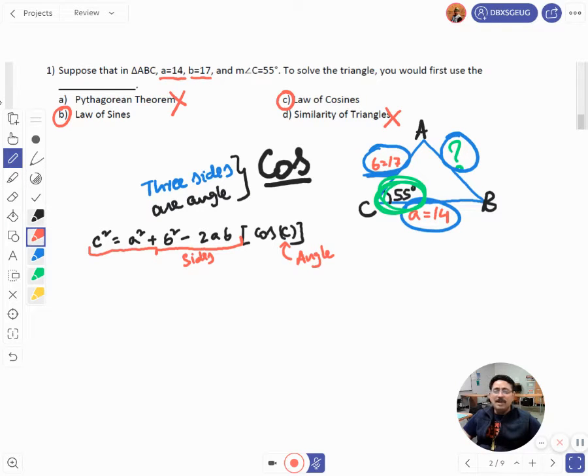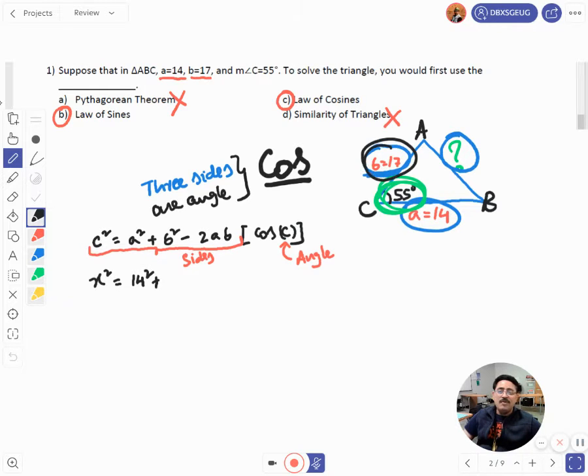So if you want, you can plug in these values. Opposite to angle C is the side c, which is not known. So let me assume that one as x. Therefore, x square equals, what is a? You see that lowercase a is given as 14 units. Therefore, it is 14 square.